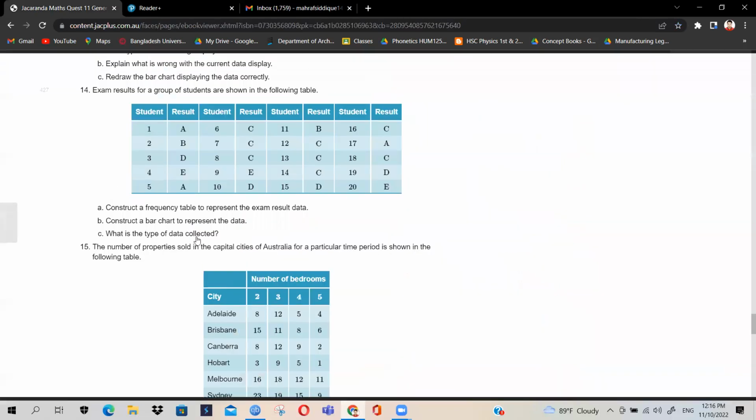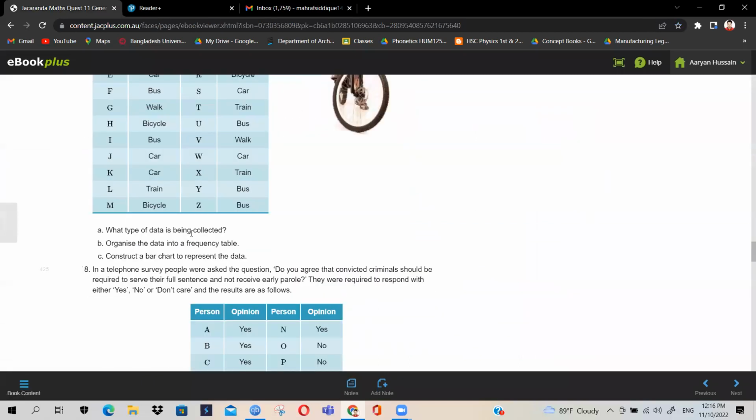Okay, let's start mathematics. Tell me, from where should I start? Do you want to pick specialist, methods, or general?